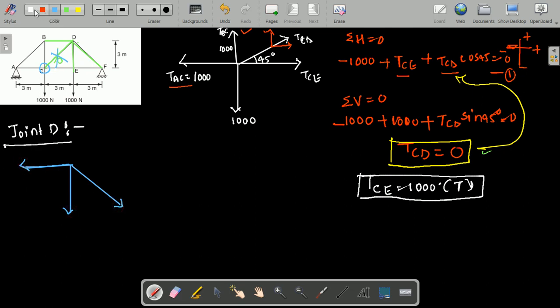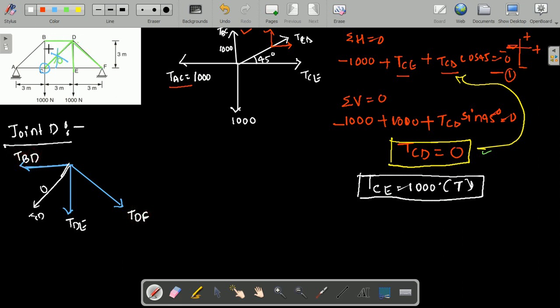If you are confused, you can show it like this also, that is this force TCD, but it is 0, no need of considering this. This is TDE and this is TDF, observe the notations, and this is TBD.